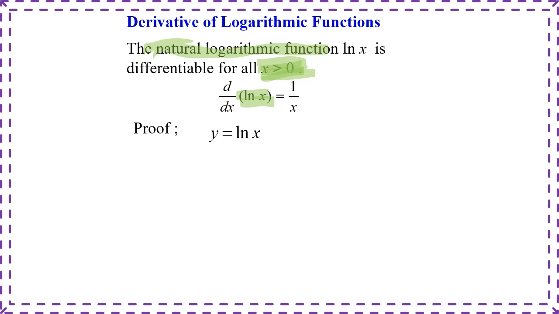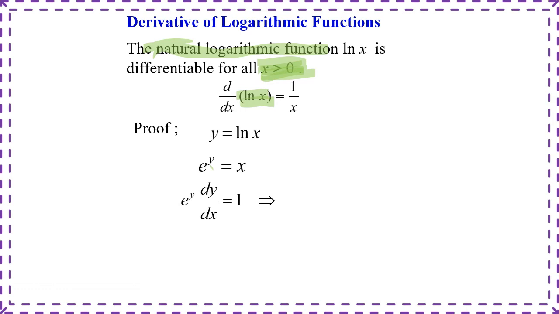But the proof here is we apply, let's say y is equal to natural log of x. So we have e to the power of y equal to x, by letting x be the subject to eliminate the log. So we have to differentiate e to the power of y. To do that, we actually apply implicit differentiation.